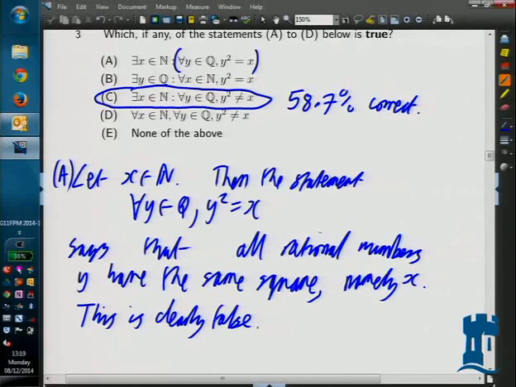The second one is slightly different. So for B, let's try and figure out what that one means. This time we'll let y be in Q. By the way, the only time that something ridiculous like this could be true is if the first bit was something like for all x or for all y in the empty set.